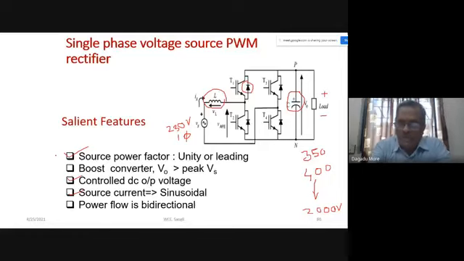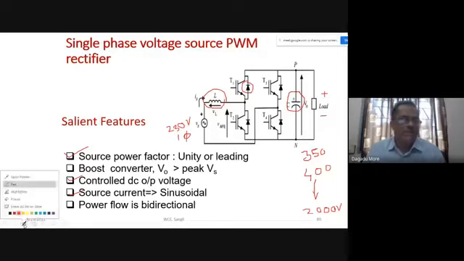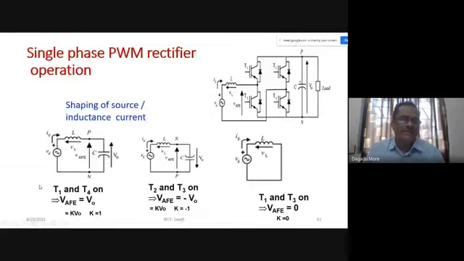It will work only in closed loop. And we have shown it here. The input is the AC supply, and the power can be bidirectional. In this configuration, power can flow from the AC side.